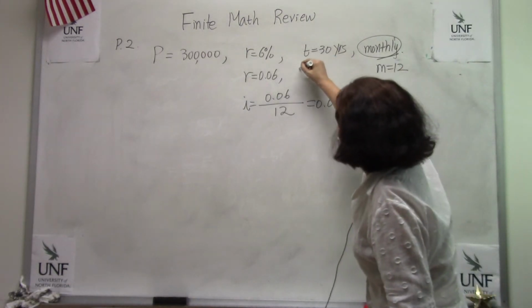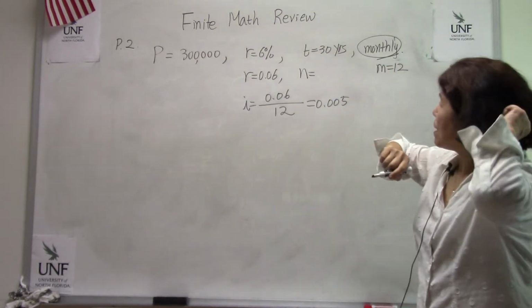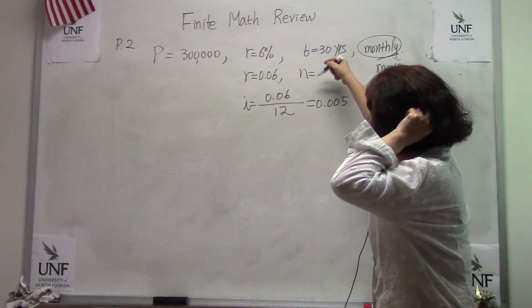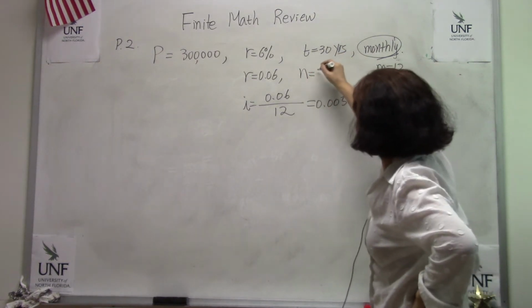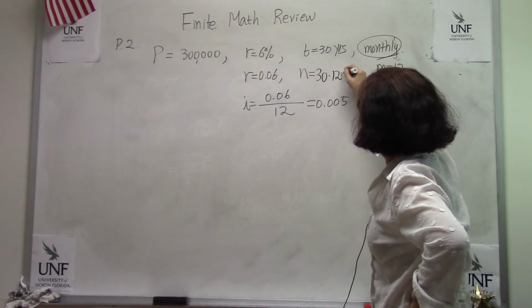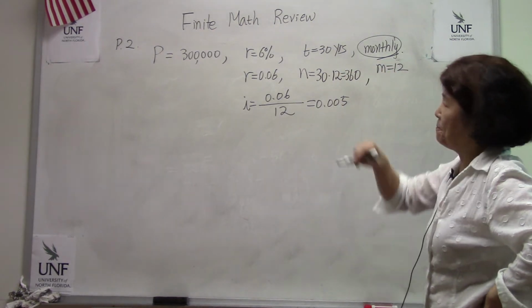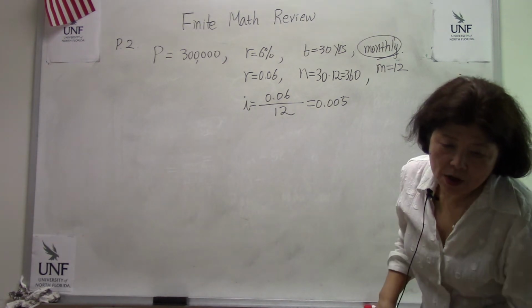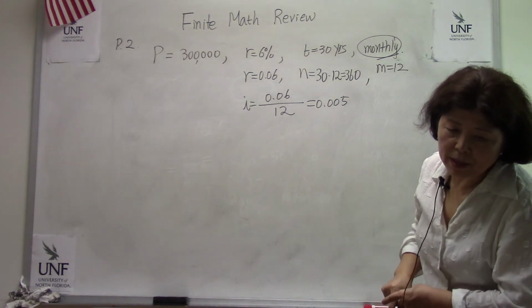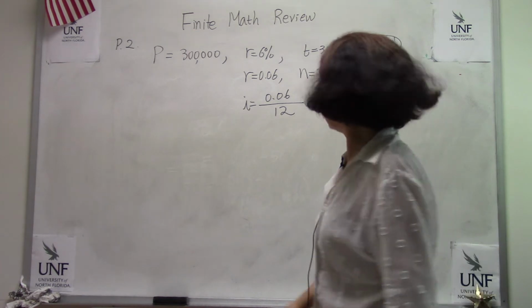So how many times is she going to make a payment? That is n: 30 years, 12 times a year, so 360 payments. So what is her monthly payment each month for the loan?